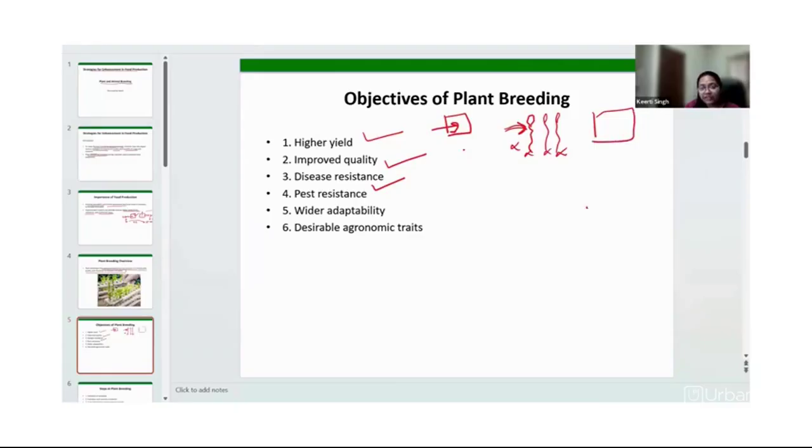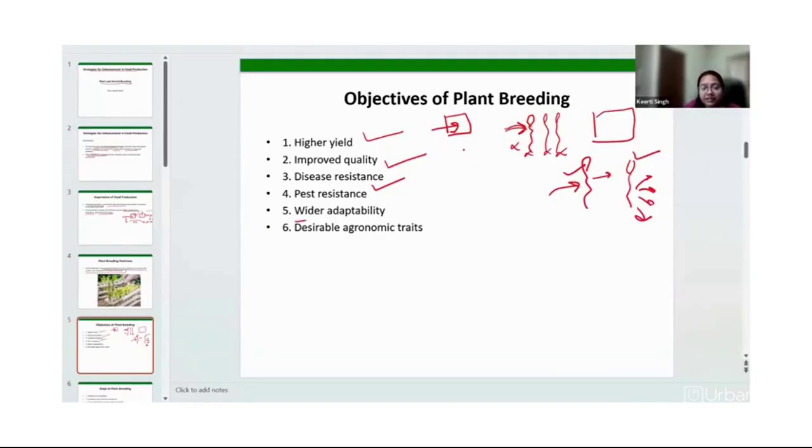But if we have a disease resistant plant, even if some microbe infects it, the plant survives. So what will happen? This plant will multiply and create more plants, right? So obviously we will want a disease resistant plant, right?